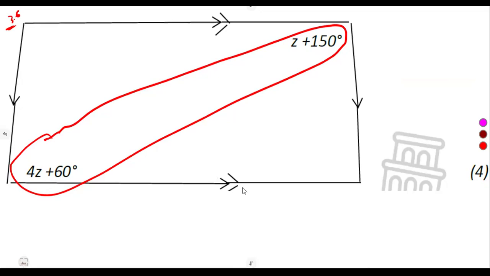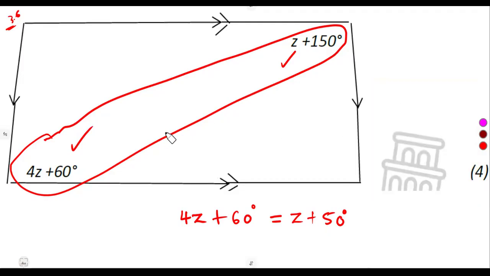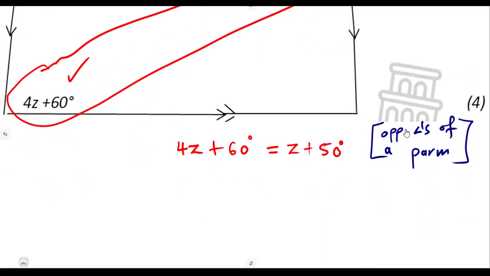So therefore, you can form an equation: 4z plus 60 degrees must be equal to z plus 50 degrees. It's a property from the shape given on our diagram, a parallelogram, talking of opposite angles of a parallelogram. All right, so that is it. Let's solve for z.